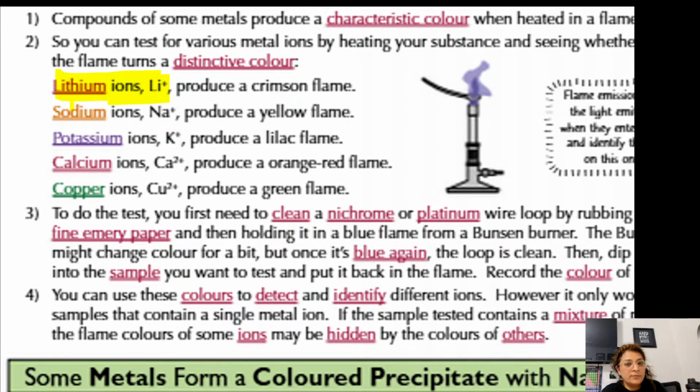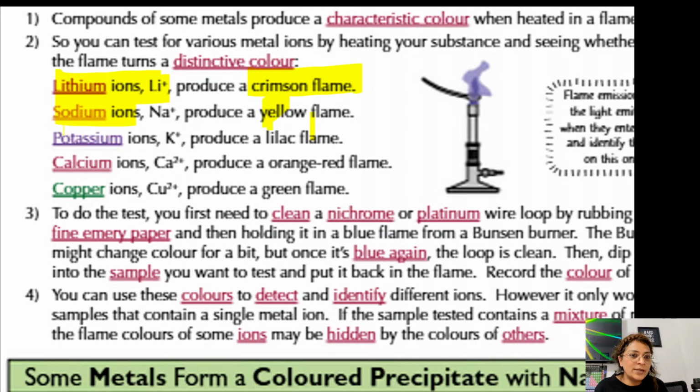Quick. Lithium is crimson. What is the color of sodium ions? Yellow. Very good. No delay.